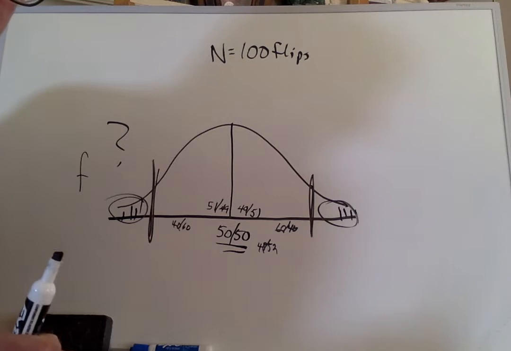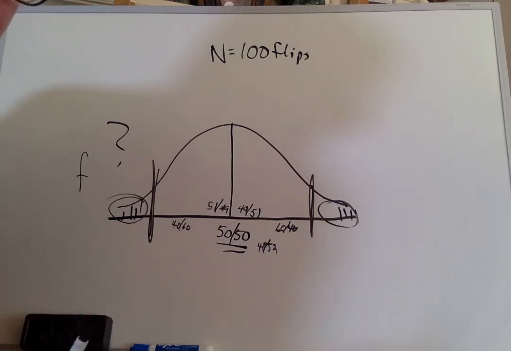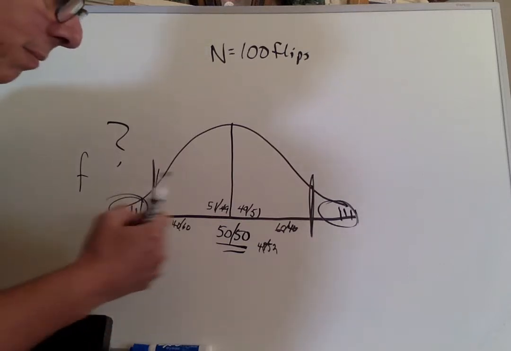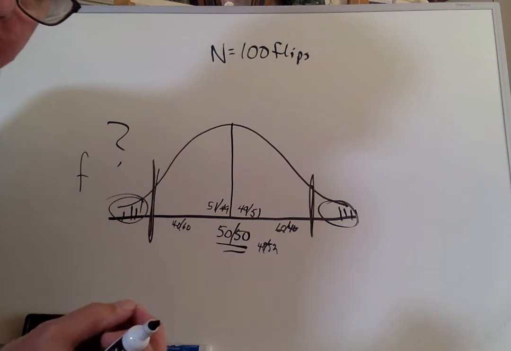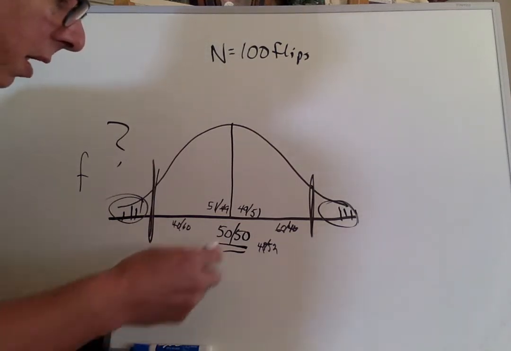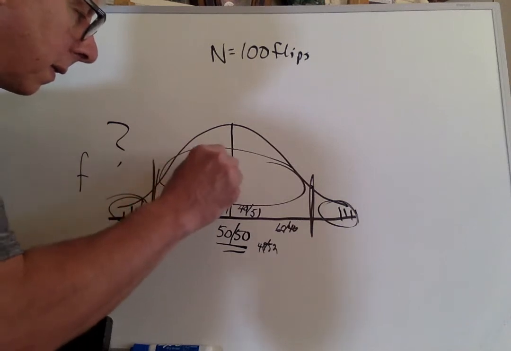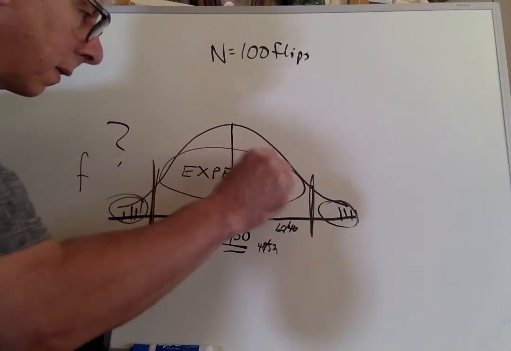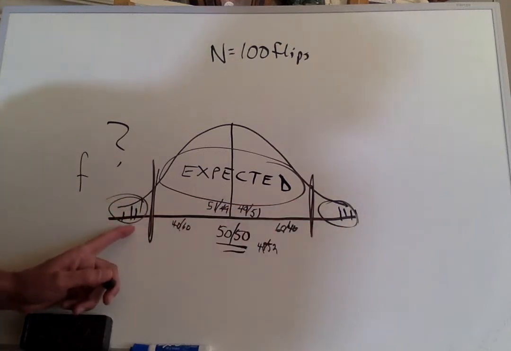You see how this aligns with our last video? That is, at some point, we're going to make a decision that that's a weird coin, that I don't trust that coin. Here's what is expected. Here's something I don't expect, right?